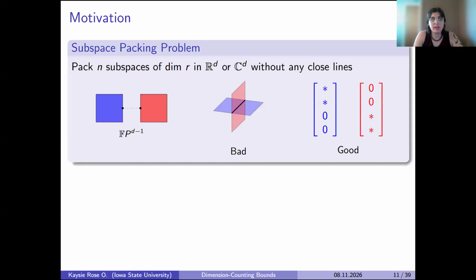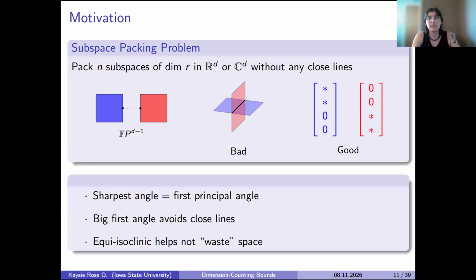It turns out that being equi-isoclinic is a good thing in this scenario, because the sharpest angle that we're worried about up here is the first principal angle. To make that as big as possible, it is helpful to be equi-isoclinic.